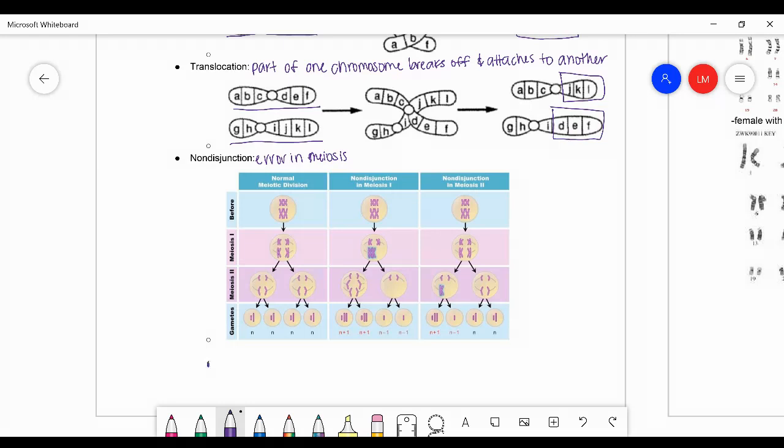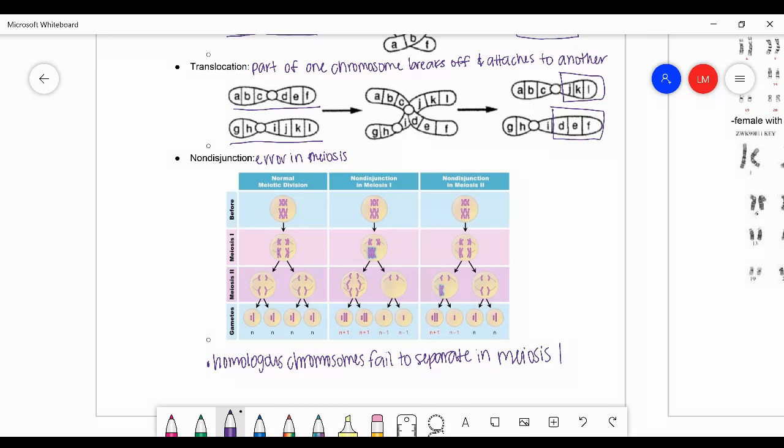We'll add this down below the picture. It can happen when homologous chromosomes fail to separate in meiosis 1.